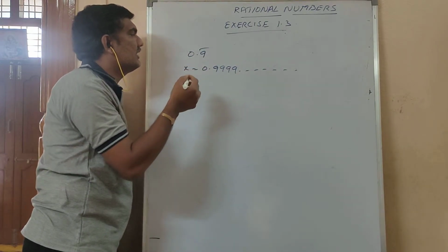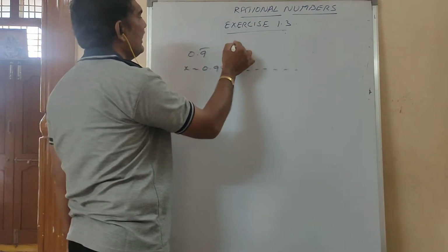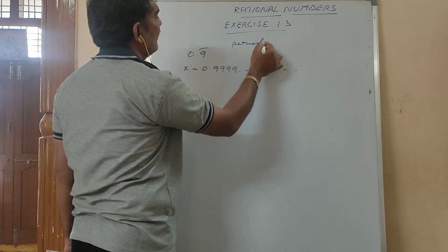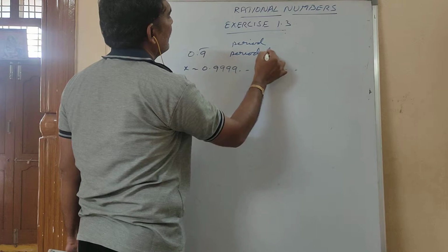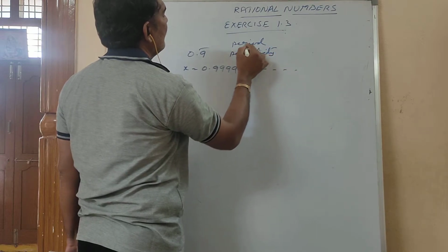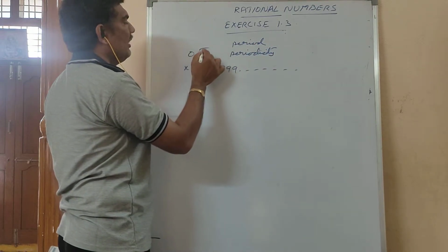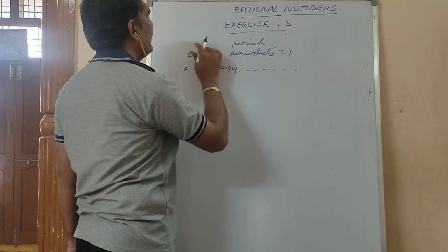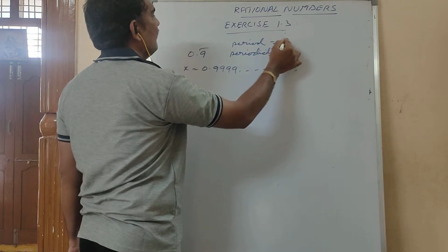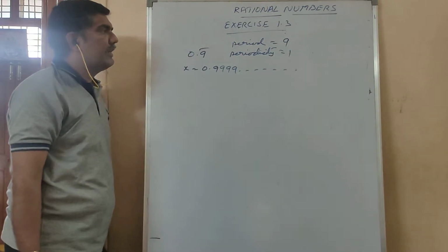Period and periodicity. For this, the period is 9. Periodicity is 1. Below the bar, one digit is there, so periodicity is 1. Whatever number is below the bar, that is called the period.